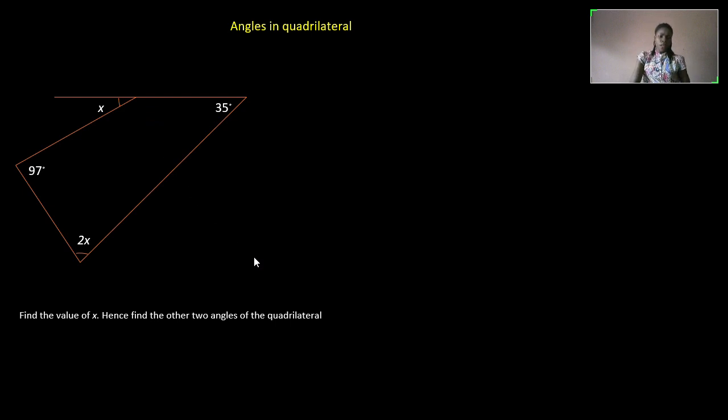Okay, so what we have here, solution. Now, since the angle here is equal to 180 minus x, we have to sum up all these angles and equate it to what? 360.